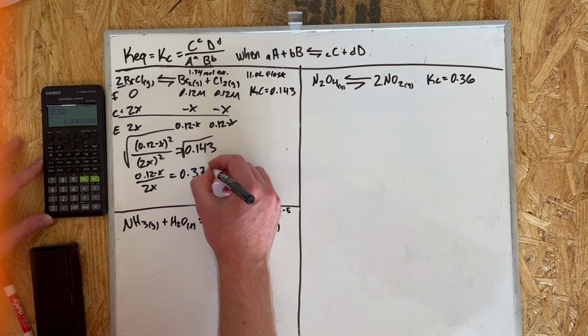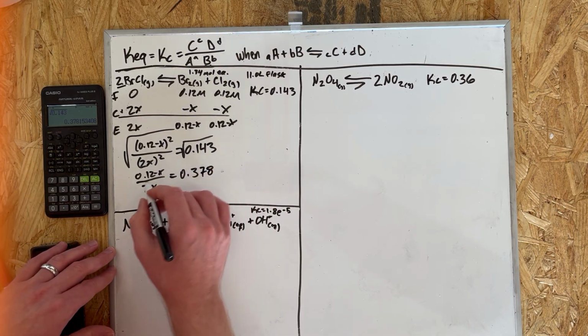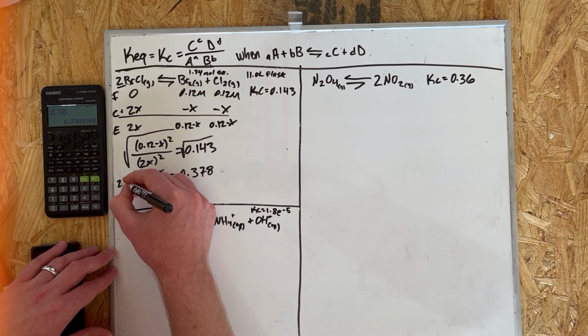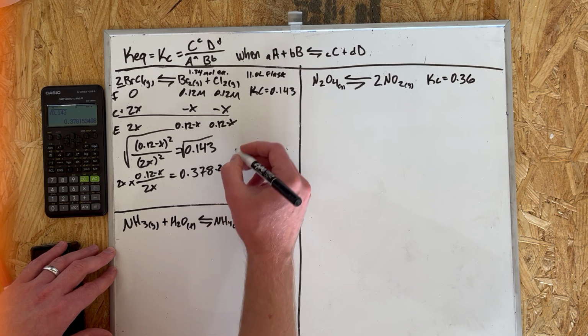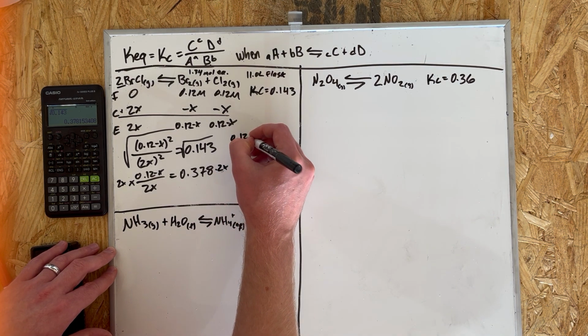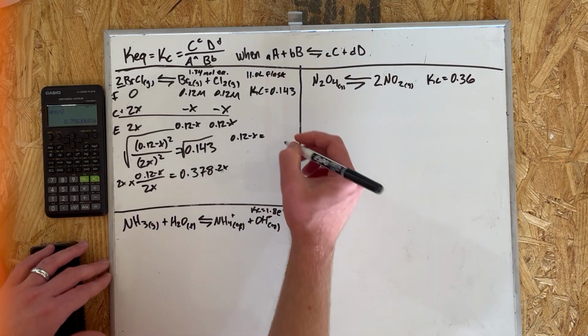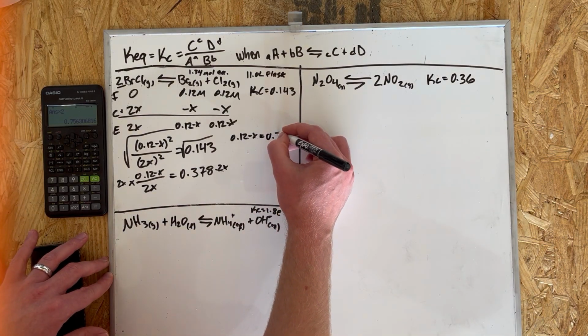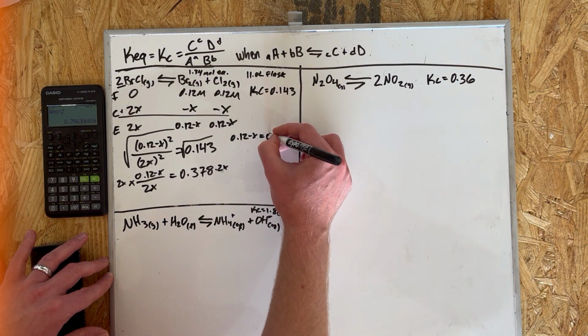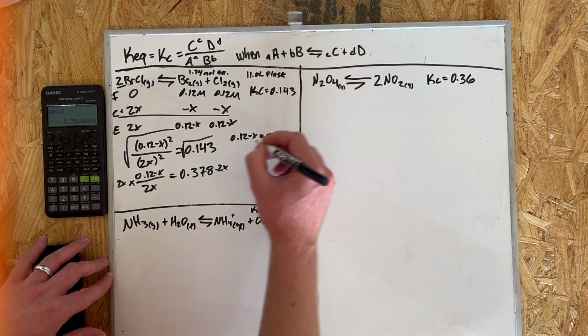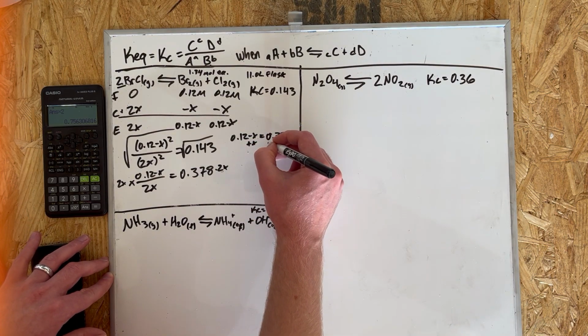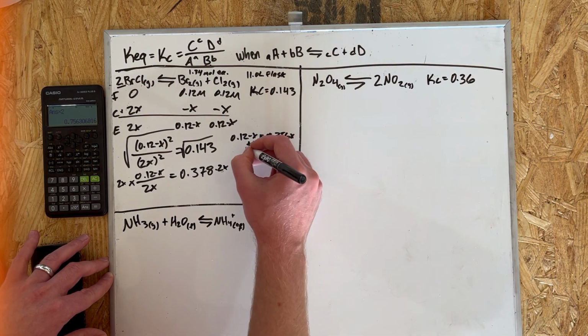That's 0.378. And then we multiply both sides by 2x. So we get 0.12 minus x equals, we'll just take that times 2, 0.756x. And then we'll add an x to each side to get our variables on one side.